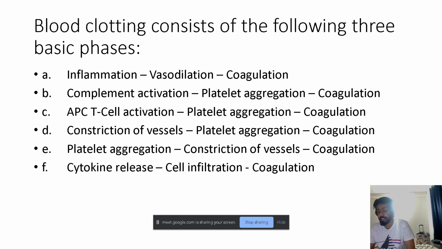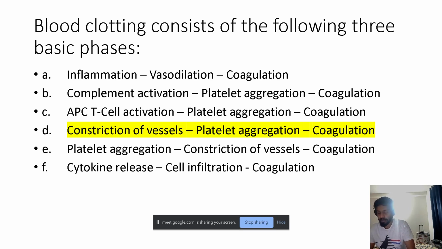Cytokine release and cell infiltration, again, need not happen. There's no immune system involvement with blood clotting, so inflammation, complement activation, APC T cell activation, cytokine release, all this need not happen.